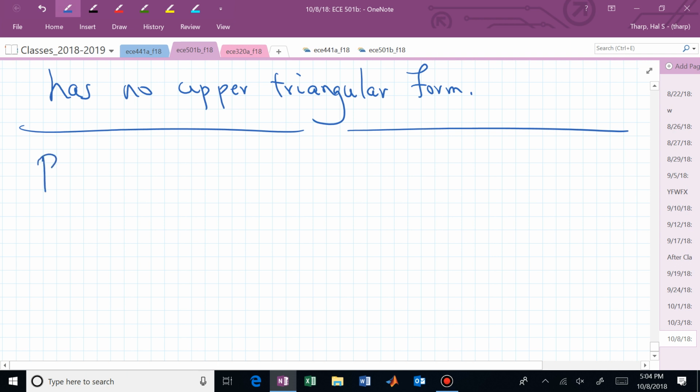So now let's state some other propositions. Proposition 30.